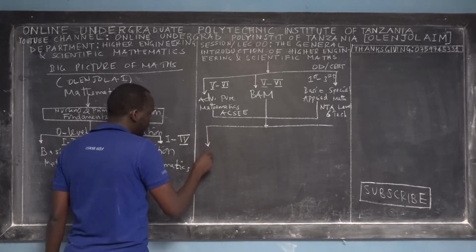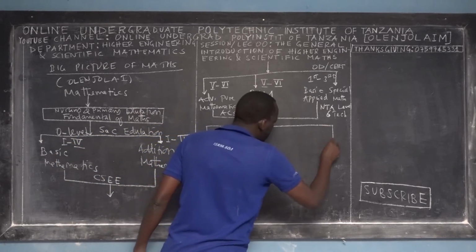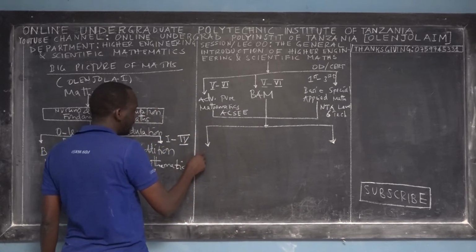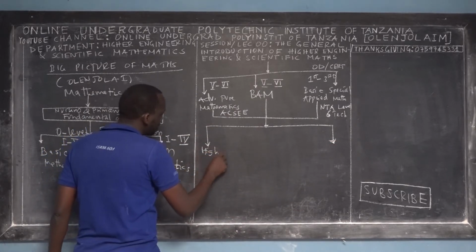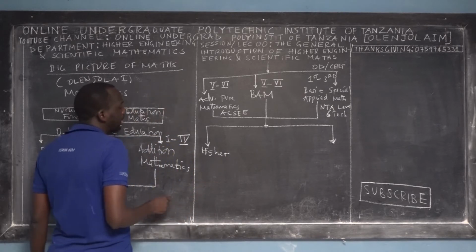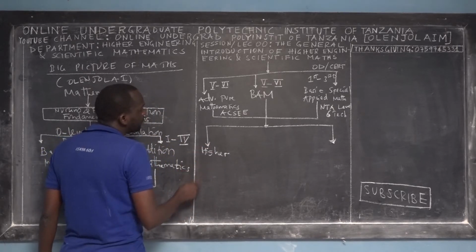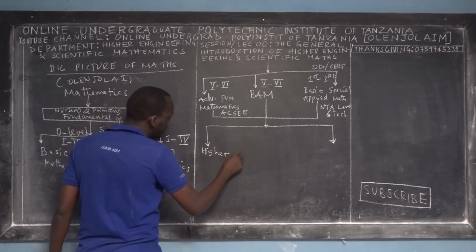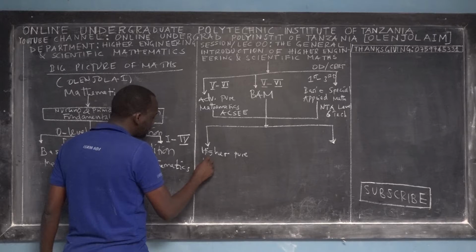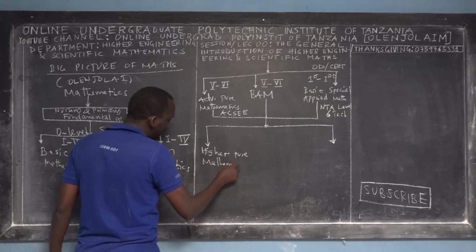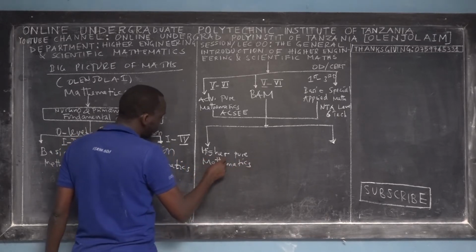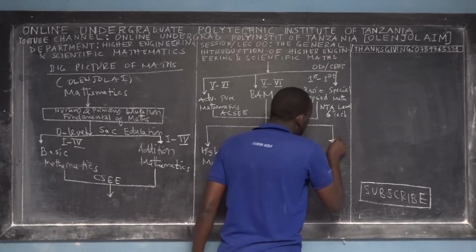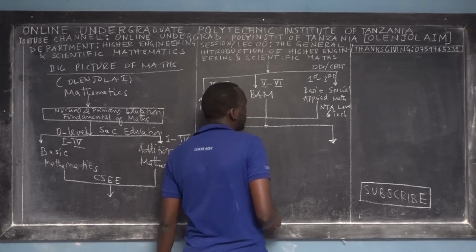You can have two routes. One route, you can go to higher pure mathematics, which means mathematics courses, or you can go into some other programs.